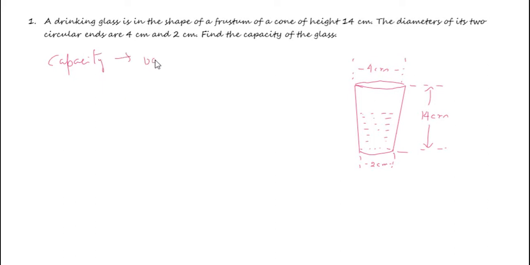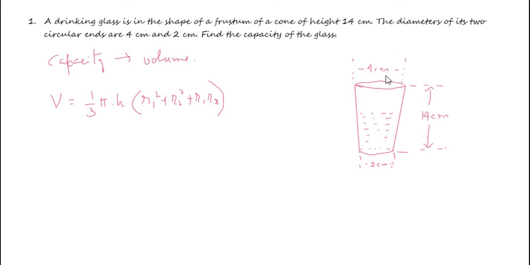Capacity always means volume. Volume of a frustum of a cone is 1 by 3 pi into h into (r1 square plus r2 square plus r1 into r2). This is the formula, and this is the glass.